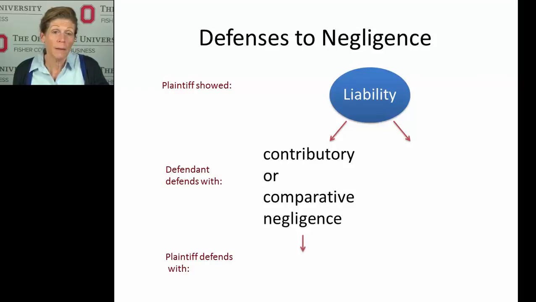So a lot of states are requiring that. The defendant has to be at least 50% negligent, and then they will divide it between the two parties. Okay, and the majority rule is the comparative negligence.